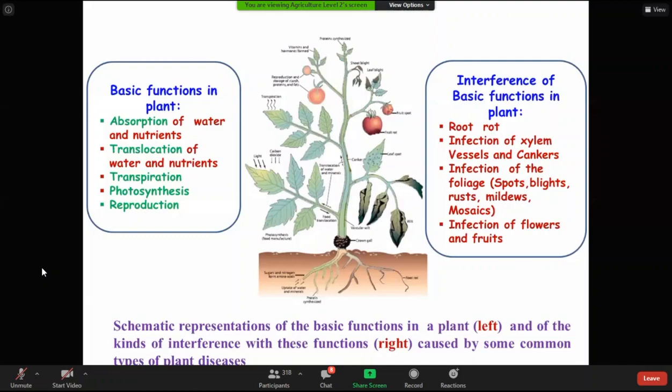If the foliage is infected, transpiration and photosynthesis are affected. If flowers and fruits are infected, reproduction is affected. And if the xylem vessel is infected, for example by bacterial, fungal, and nematode wilt and some canker diseases, then translocation of the absorbed water and nutrients is affected. So, did you get the point?